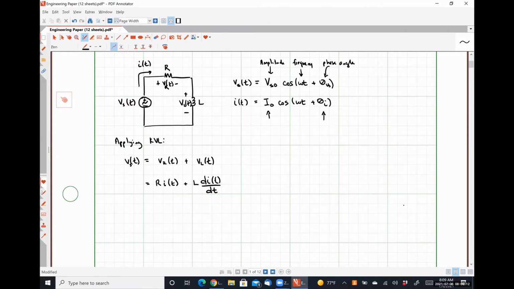So what I am going to do is apply a particular trig identity to my current waveform here.